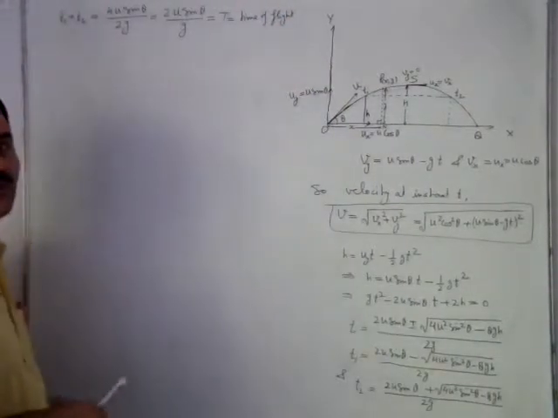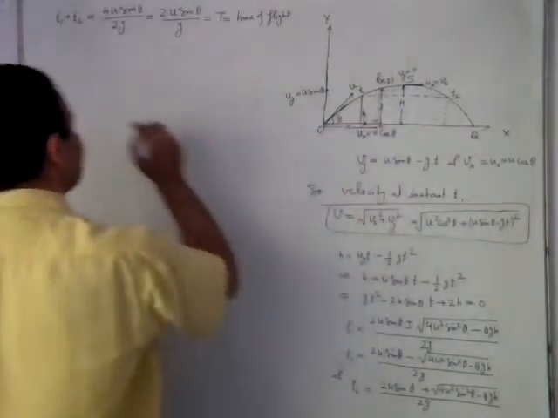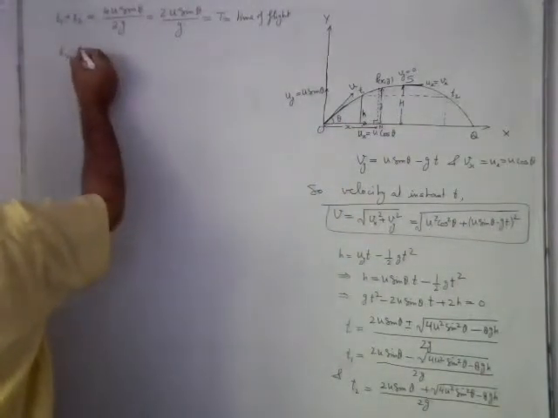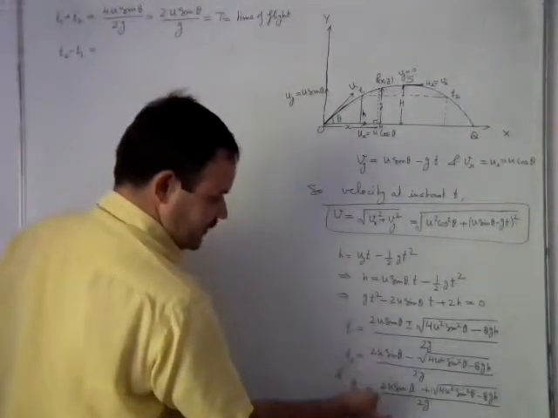Also, to find the difference of these two intervals, that is T2 minus T1, we will subtract T1 from T2.